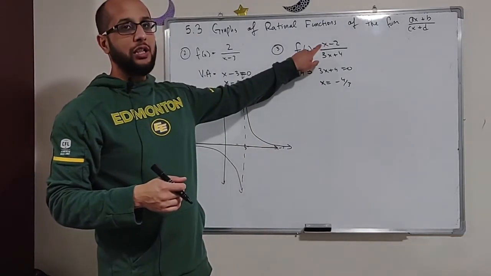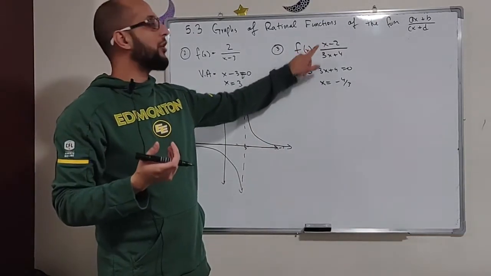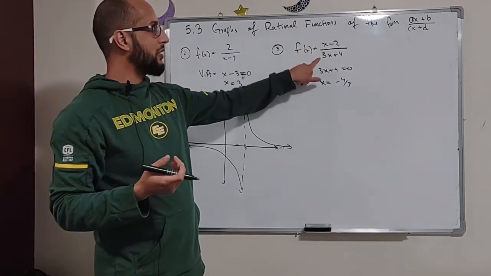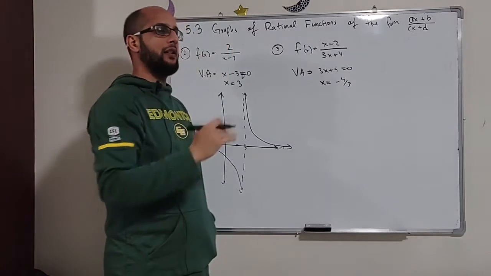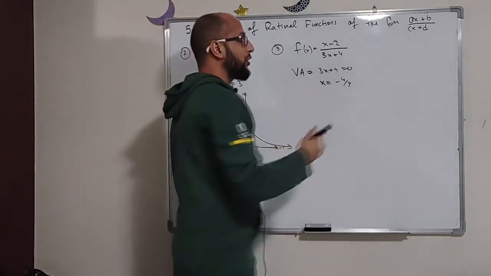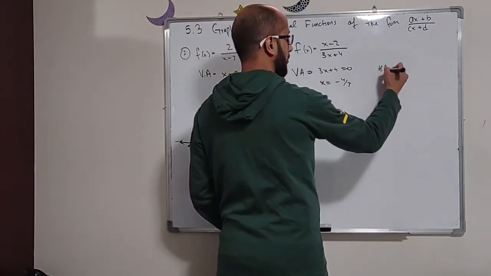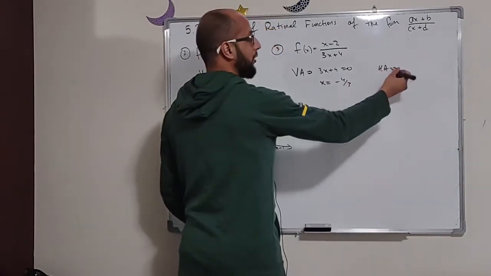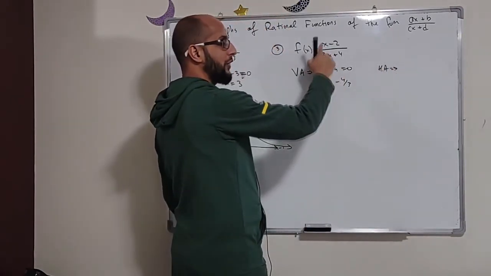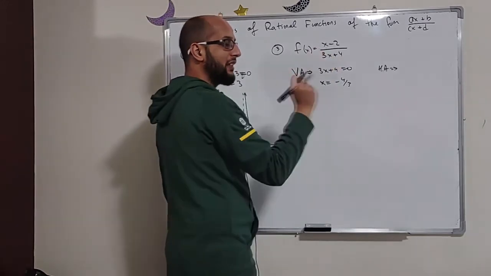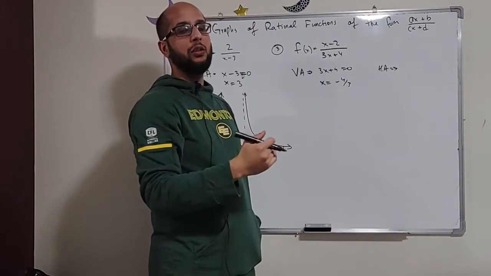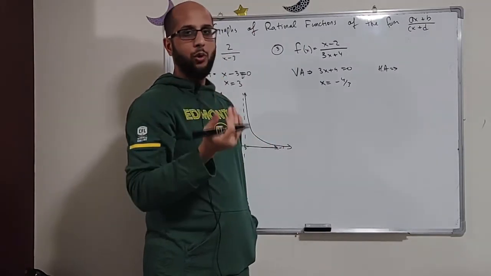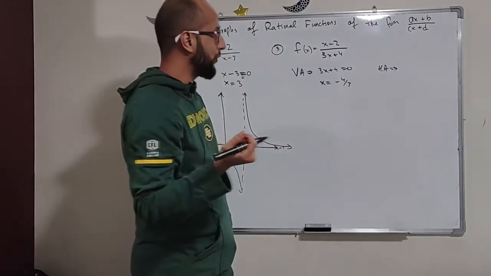Now we have a degree that is equal in the numerator and the denominator. This is degree 1, this is degree 1. If the degrees of the numerator and the denominator are equal, the horizontal asymptote will be the quotient of the leading coefficients.